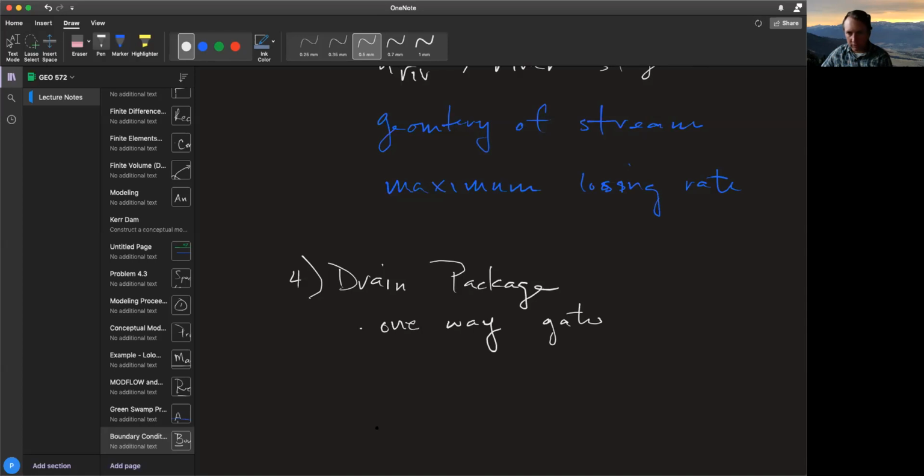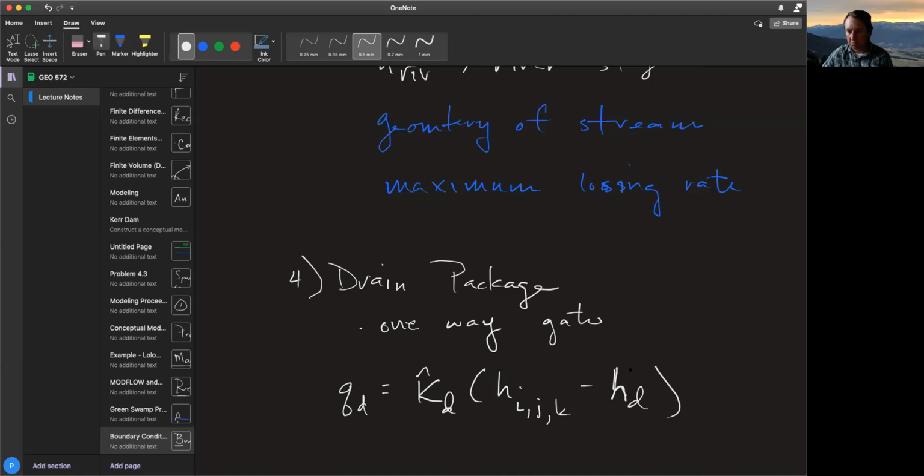What it says is that the discharge, the draining, is equal to the conductance of the drain, something to do with the spring orifice, how thin it is, times the head difference between the head in the model cell that has the drain and the head of the drain that we prescribe.